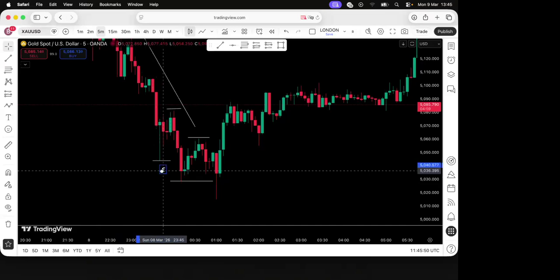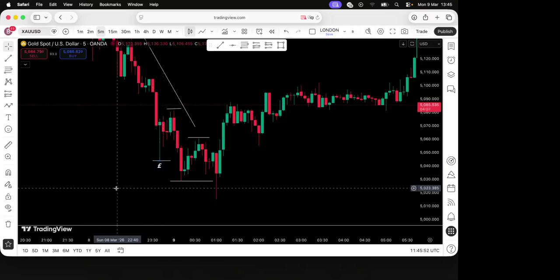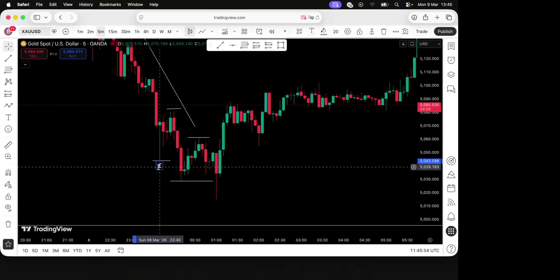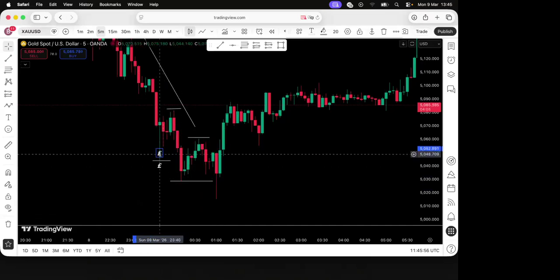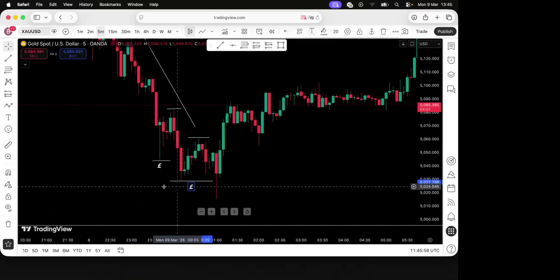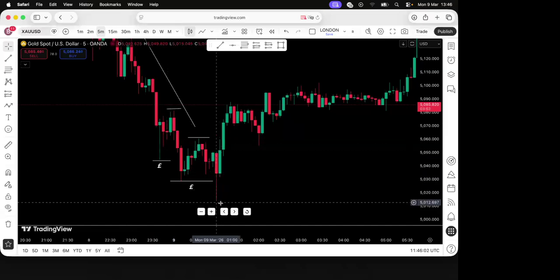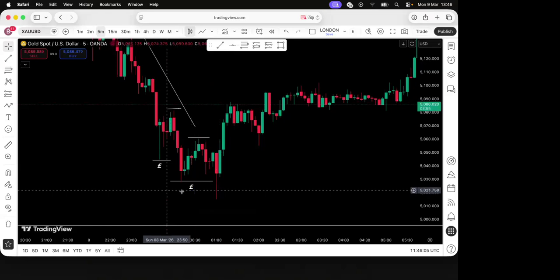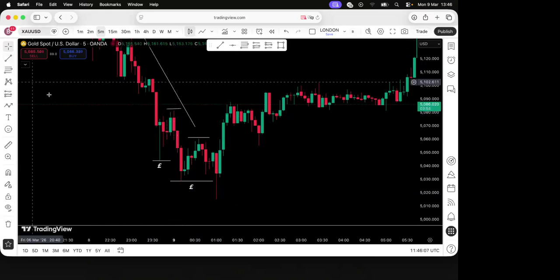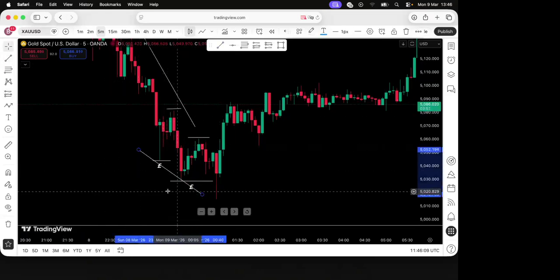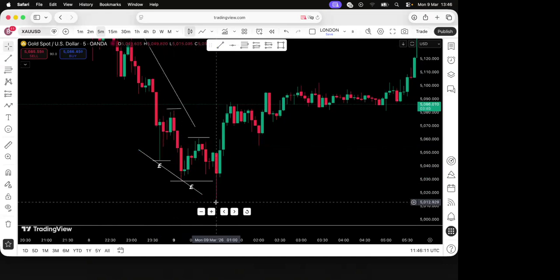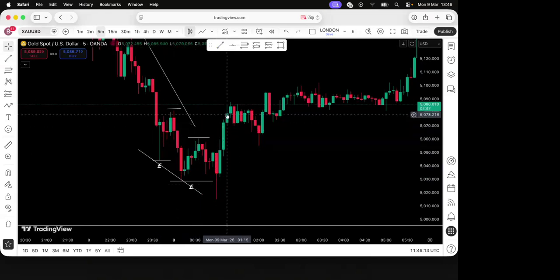When you see a pound sign, it means there are stop losses and liquidity in that area. What price has done is swept our liquidity here, taken out all of these stop losses underneath this range, and it has now pushed aggressively to the upside, creating a new high inside of the market.